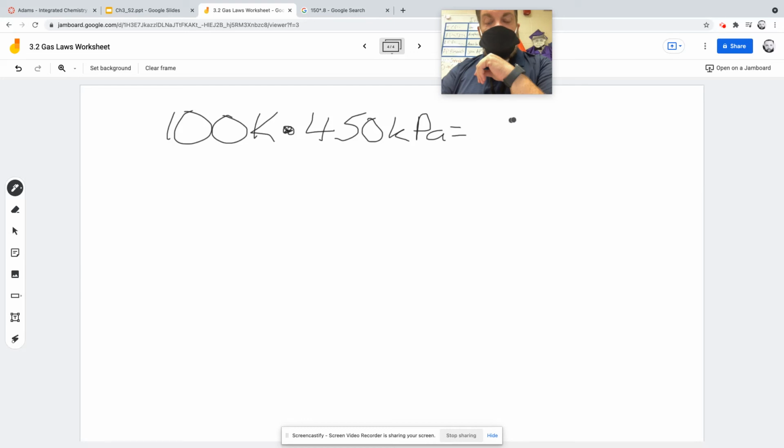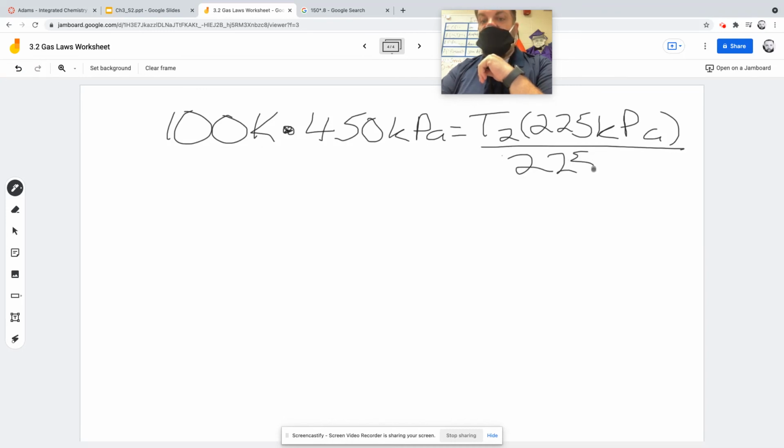And that's equal to T sub 2 times what? 225 kilopascal. What do I do to get T sub 2 by itself? If these two items are being multiplied, what's the opposite of multiplication? Divide. Yep. I'm going to divide both sides by 225 kilopascal.